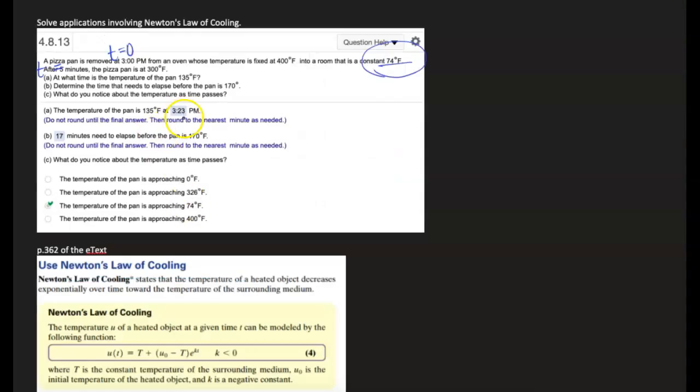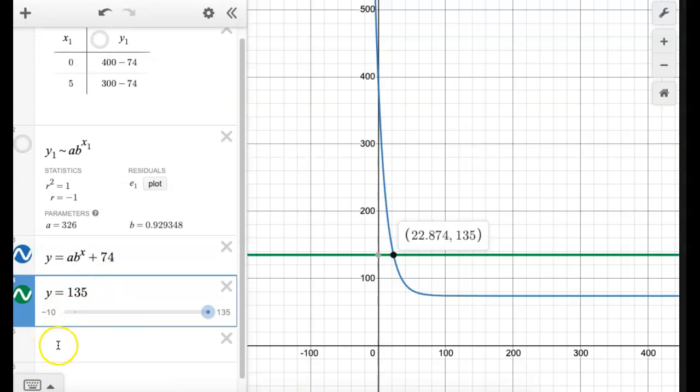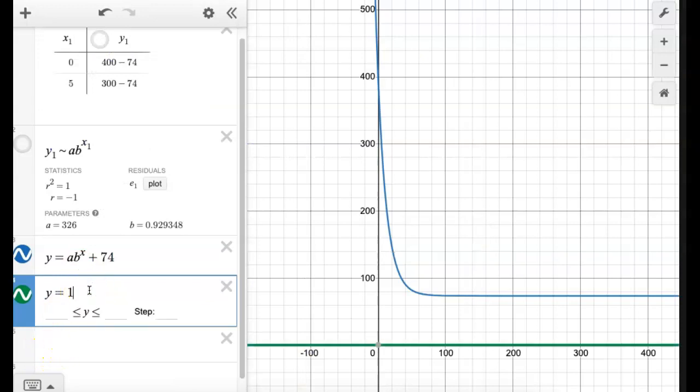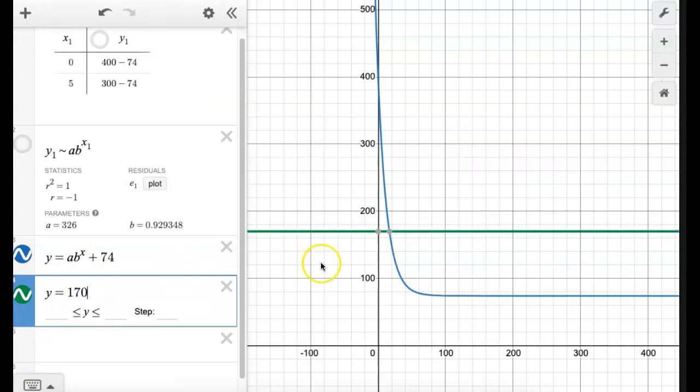So back to my question, where it says at what time, I would just need to tack that 23 minutes onto 3 p.m. So that's why you see here time 3:23 p.m. I can do something similar for part B. It's asking for how long does it take before the temperature is 170.